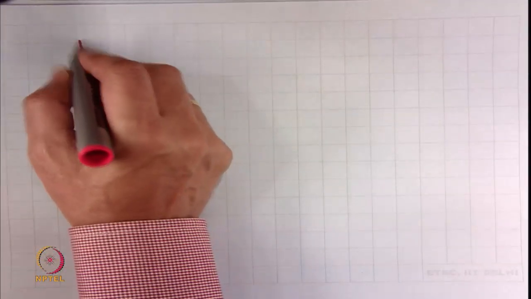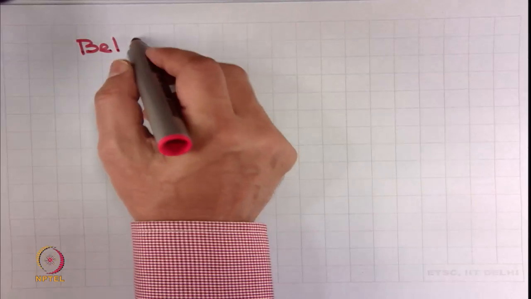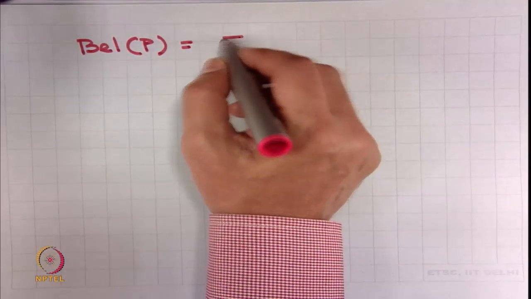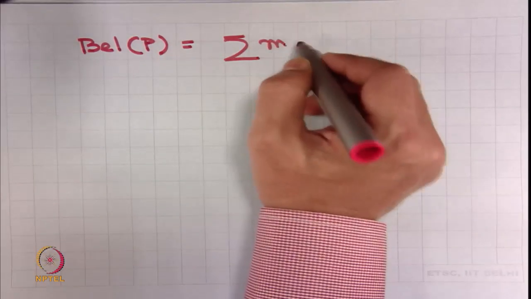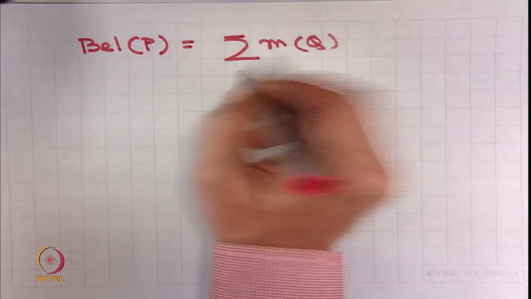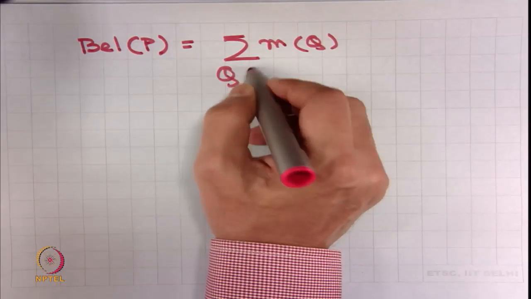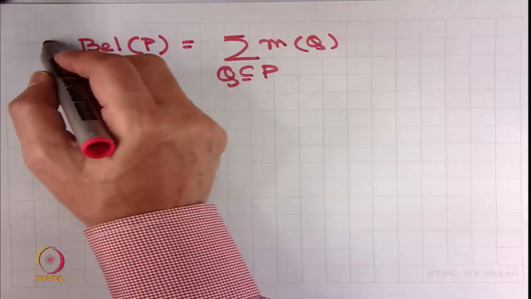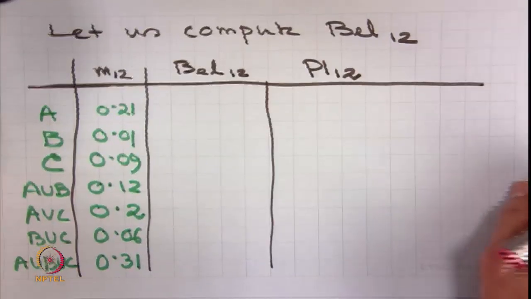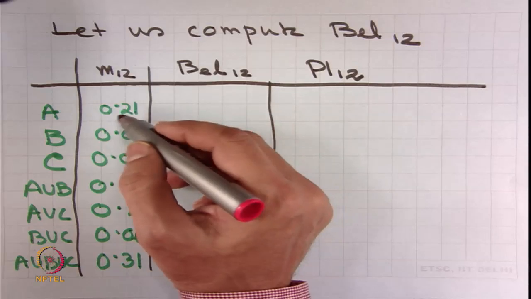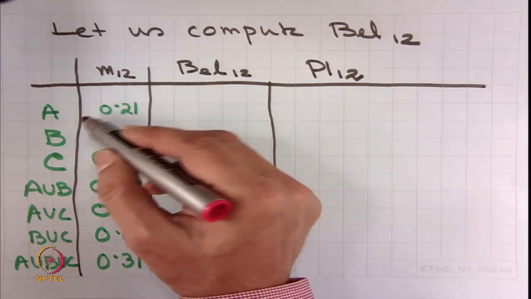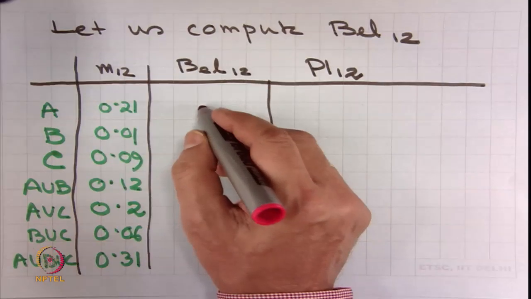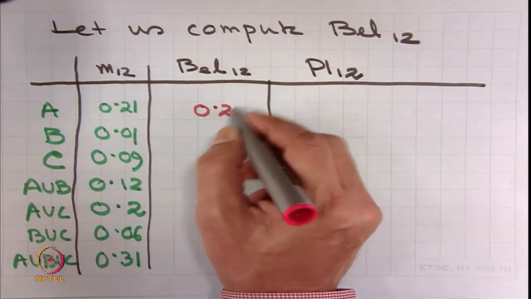For your recall, belief of a set P is equal to sigma over m(Q) for all those Q such that Q is contained in P. Therefore, belief of A is only the m value of A, that is 0.21.